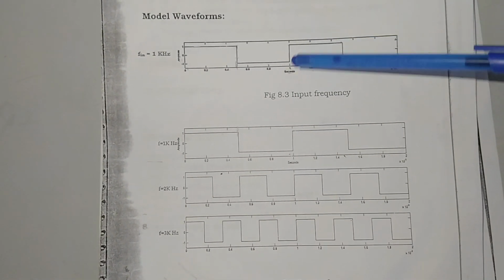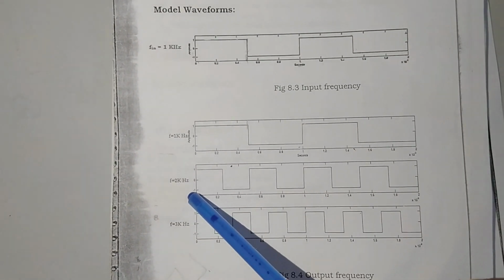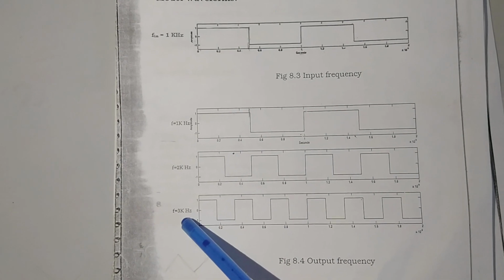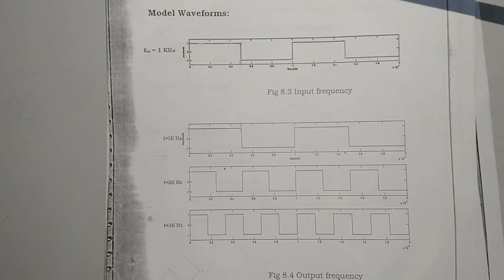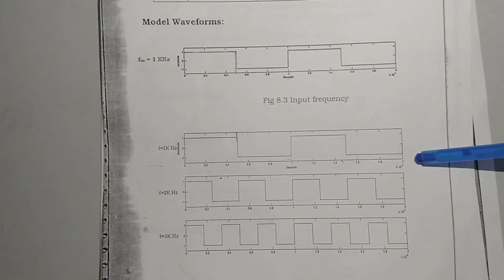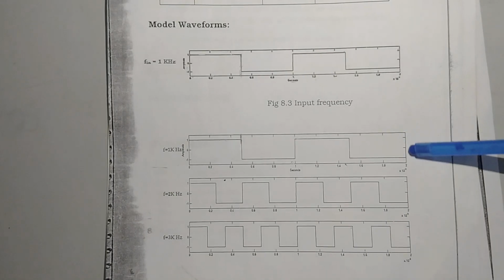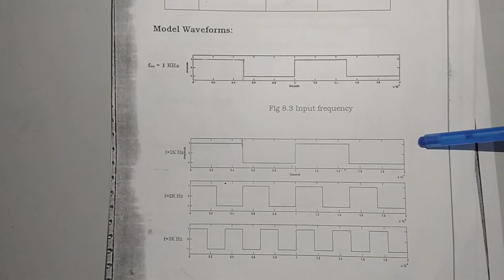The input signal frequency is multiplied by 2, right? So the output frequency is 2 kilohertz. If I keep the third position, I am going to get 3 kilohertz, right? So in the graph we are going to draw the input reference frequency, and these are the output signals which are multiples of the input signal frequency, right?